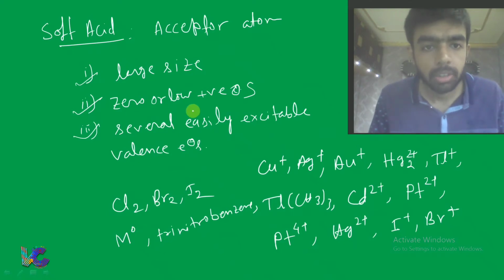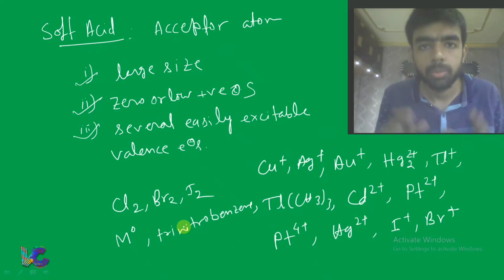As I've said, zero or low positive oxidation state is a characteristic of soft acid. And you have trinitrobenzene. So these are the examples of soft acid.